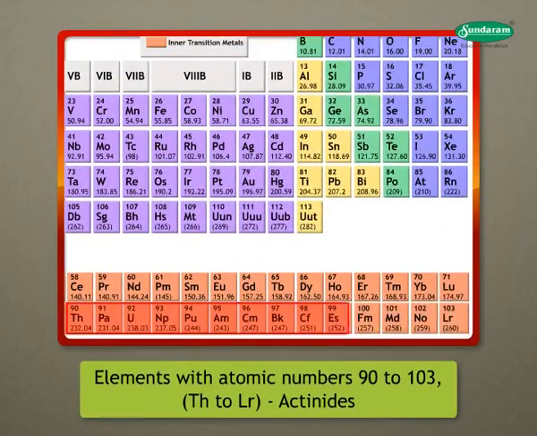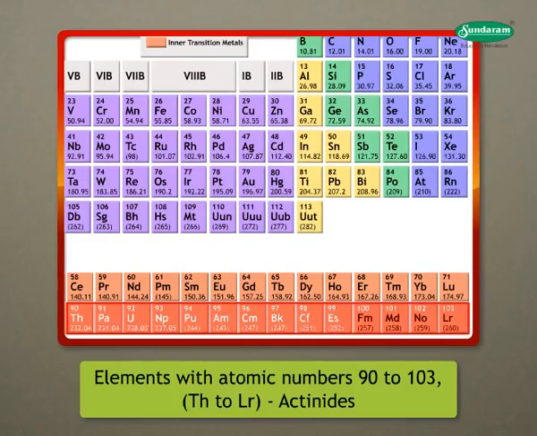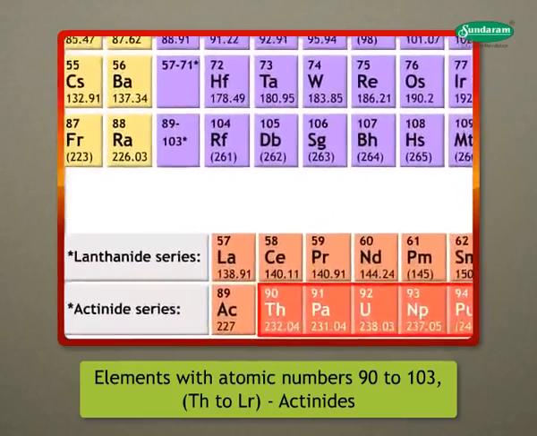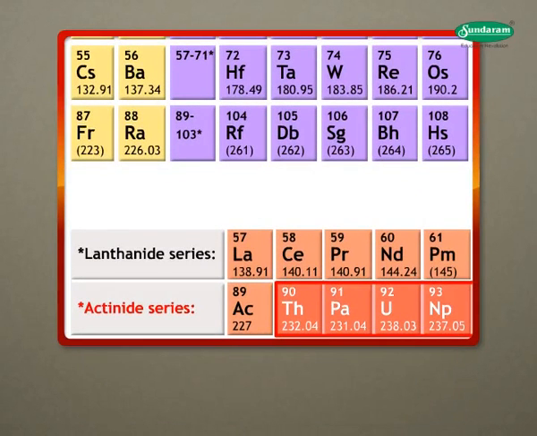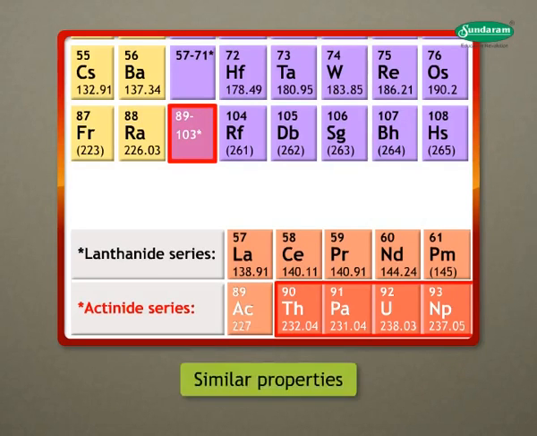14 elements with atomic numbers 90 to 103, Th to Lr, are called actinides. These elements are placed along with actinium, Ac 89, in the same group 3 in period 7 because of very close resemblance in properties.